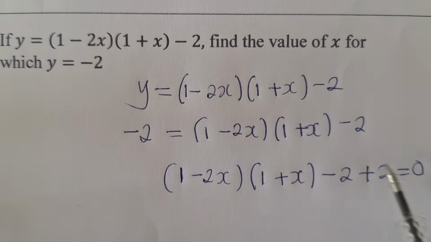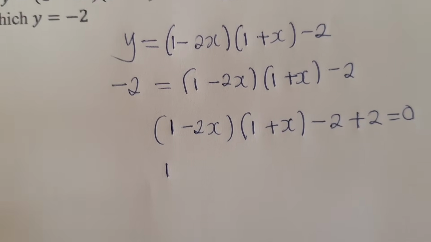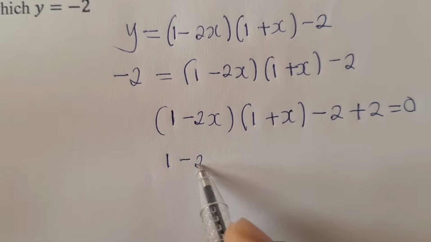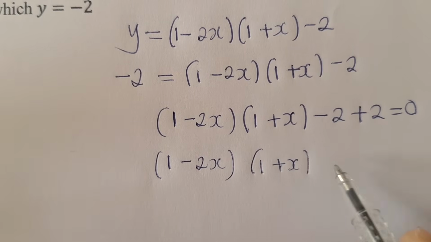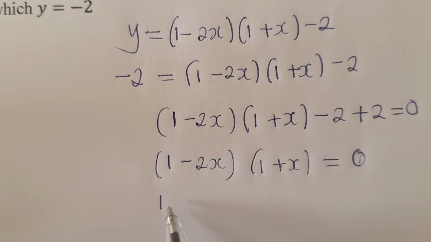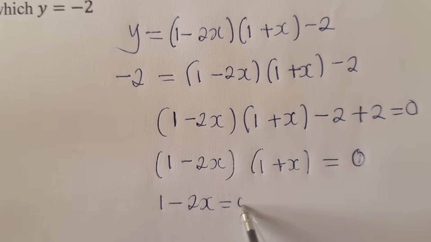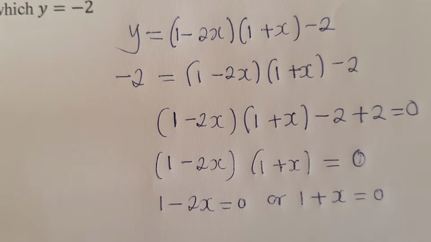When negative 1 comes this side, it will be positive 1. So here we can say we've got 1. I hope you're able to see. We've got (1 minus 2x)(1 plus x) is equal to 0. So here we can say 1 minus 2x is equal to 0, or 1 plus x is also equal to 0.